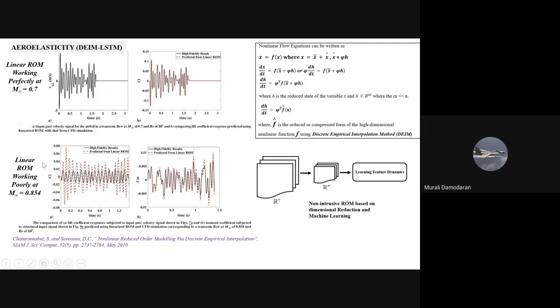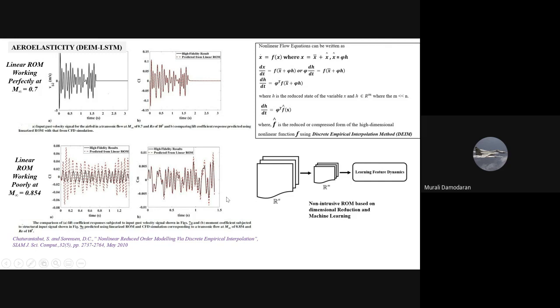The reason is very simple: at Mach 0.7, you don't have any nonlinear phenomena happening in the vicinity of the airfoil. In the case of a transonic flow like 0.85, it is really a nonlinear flow, so you cannot expect a linear ROM to predict it.